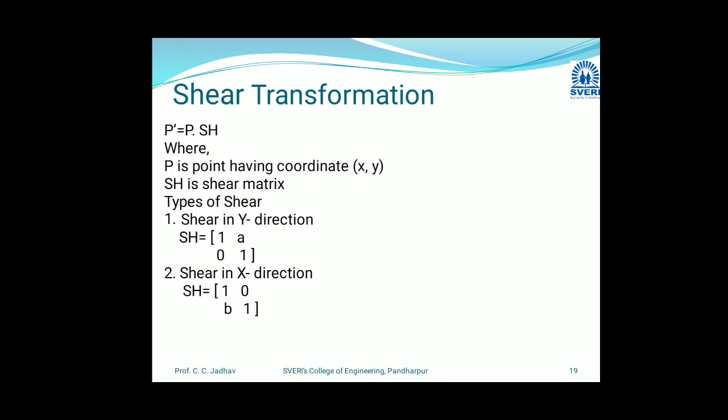Opposite to that, in shear in x direction, the x shear preserves all the y coordinate values but shifts the x values, and this causes vertical lines to lift to the right or left side. So these are the two types of shear transformation.